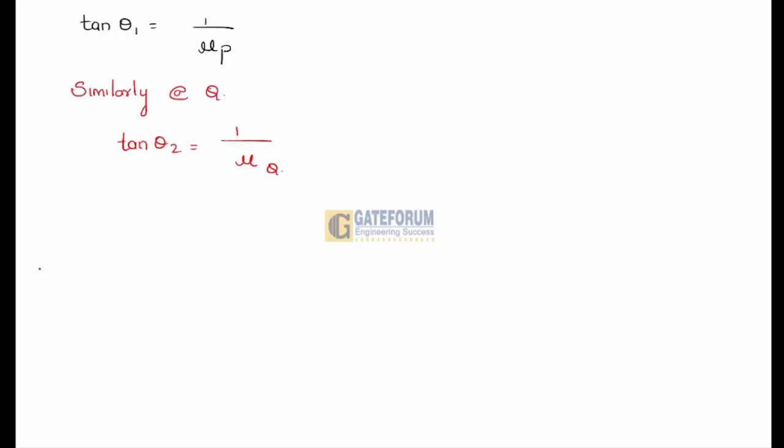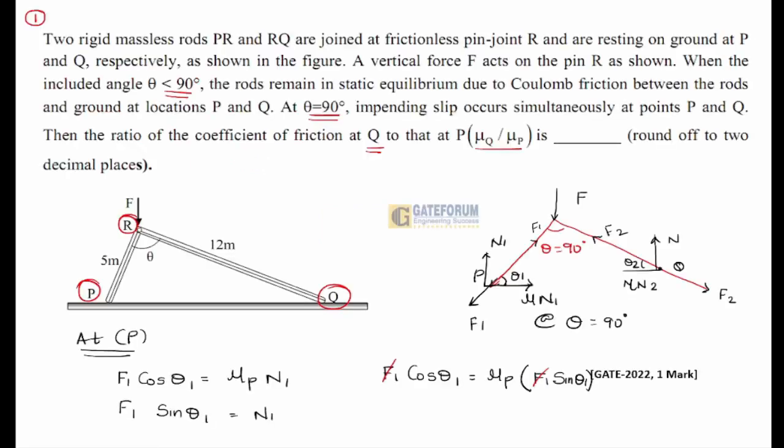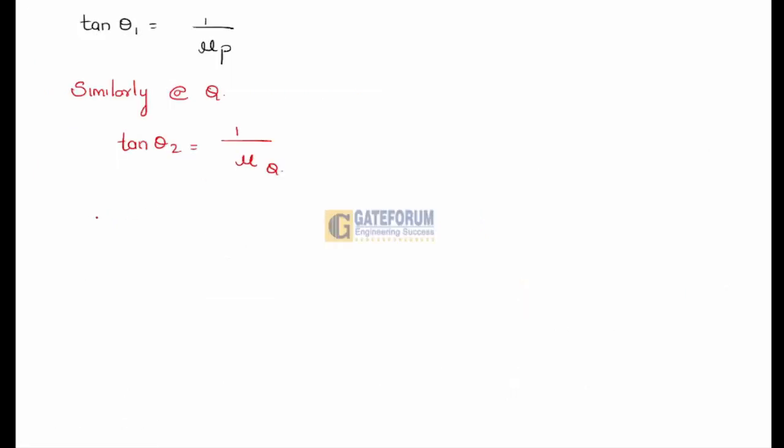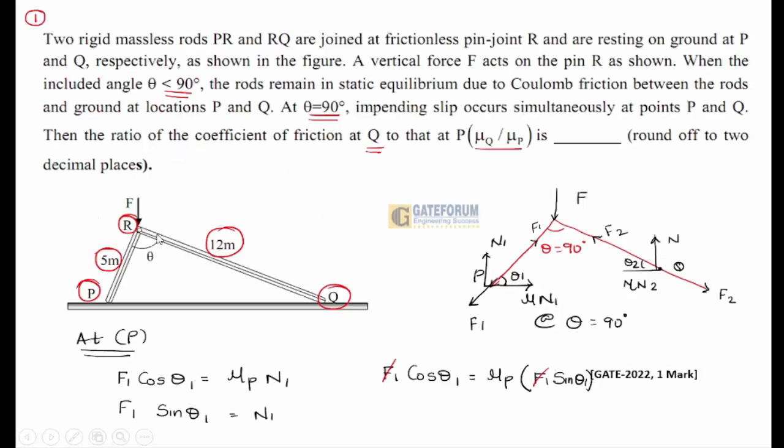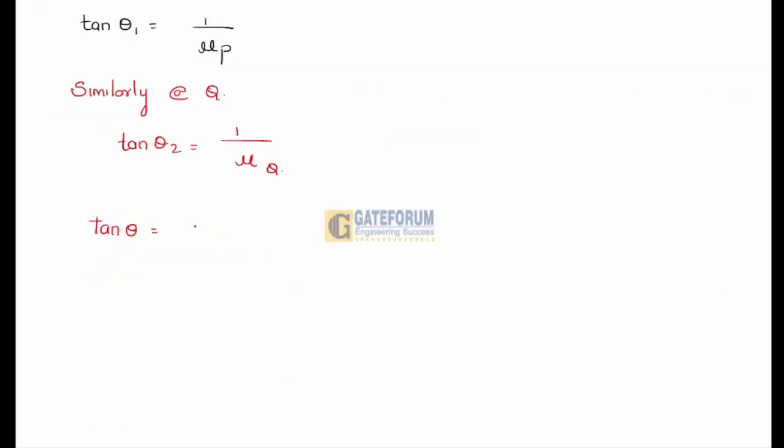Now here the lengths are 12 meter and 5 meter. From here, tan theta 1 is opposite by adjacent, around 12 by 5, whereas tan theta 2 will be the reverse, which is 5 by 12.